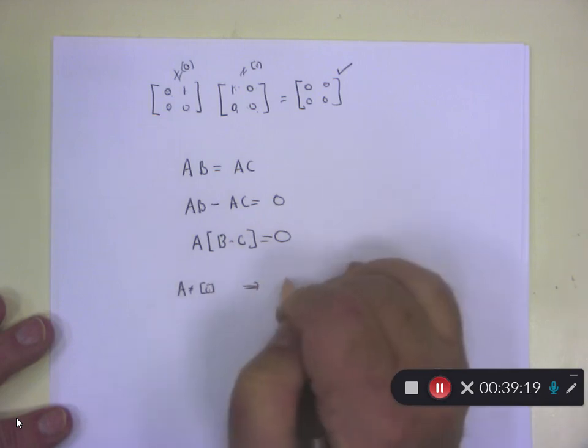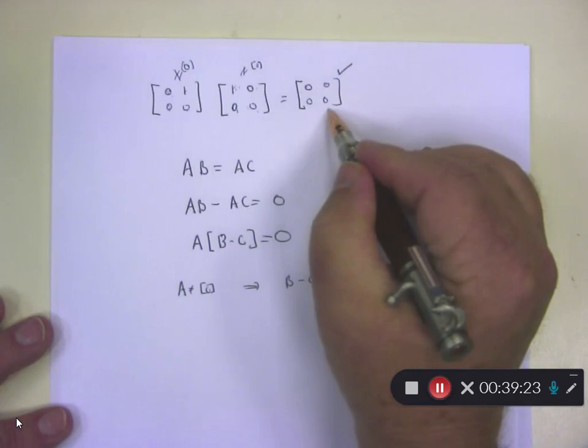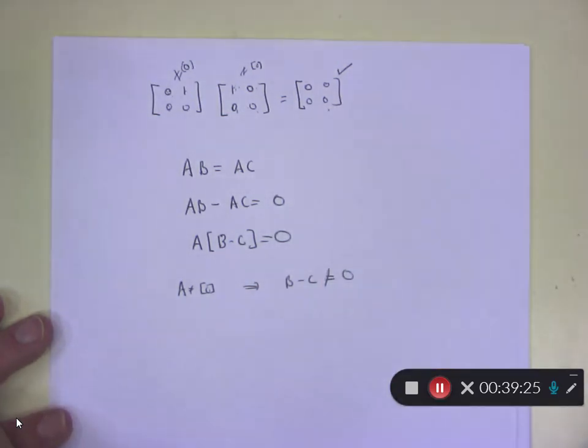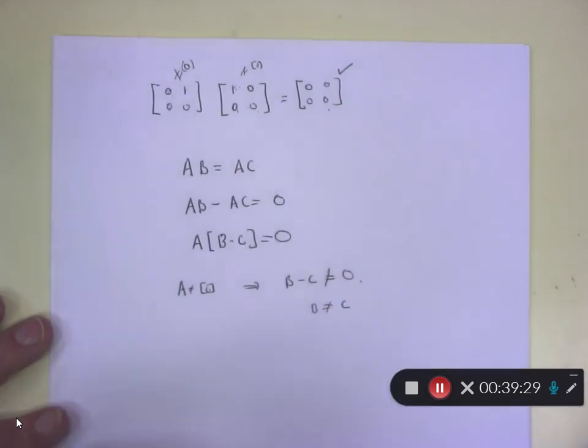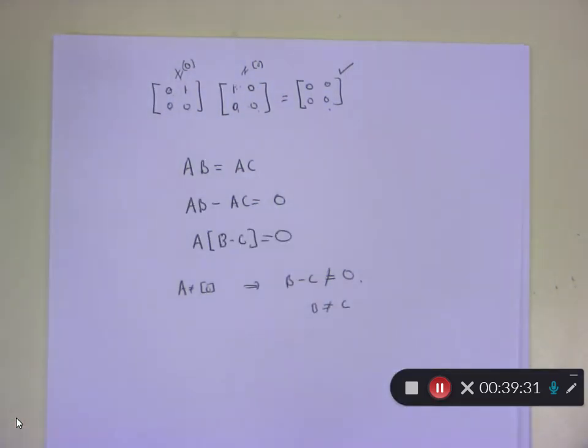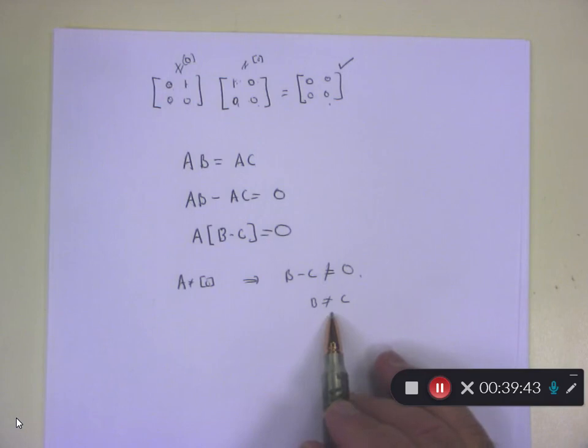Well, does that imply that B minus C has got to be equal to 0? We just showed up here, no, they don't have to be equal to 0. And if B minus C is not 0, then B will not be equal to C. So there's a general proof, if you will, but very basic. Does that make sense? That's why, just because A times B is equal to A times C, I cannot guarantee that B equals C.